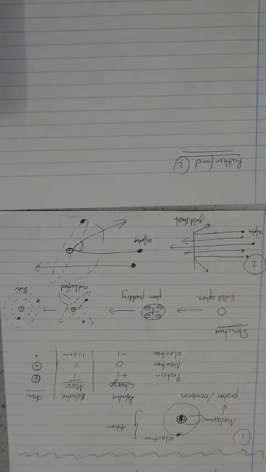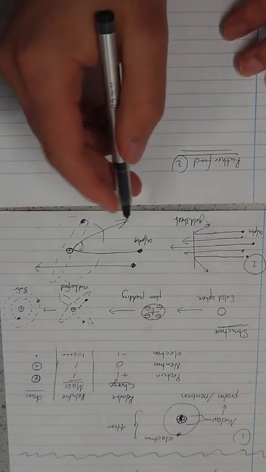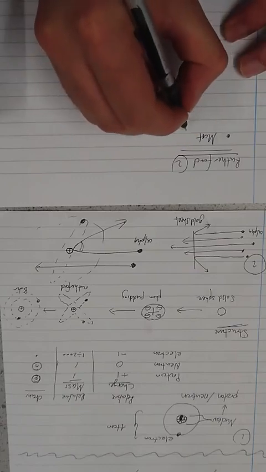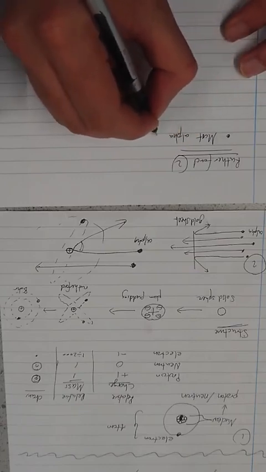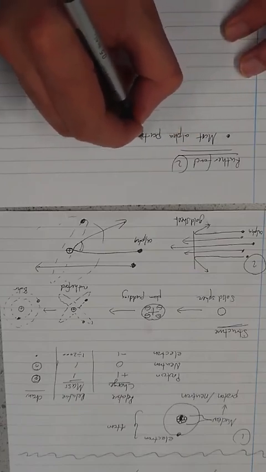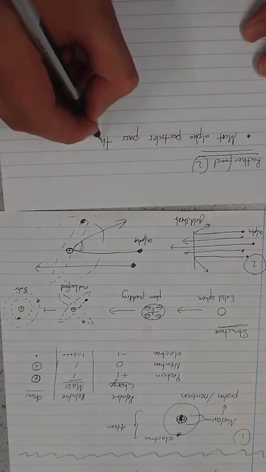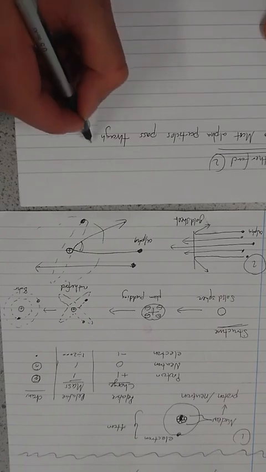Okay, so we saw this one. We saw that most alpha particles pass through the atom.